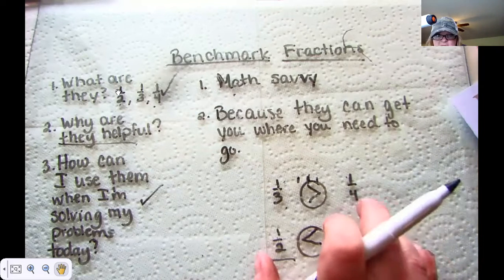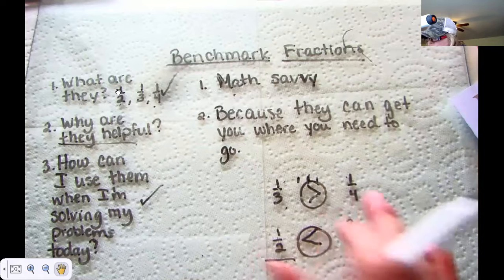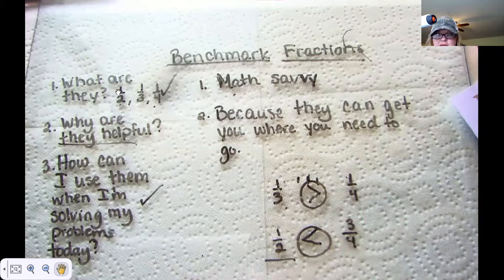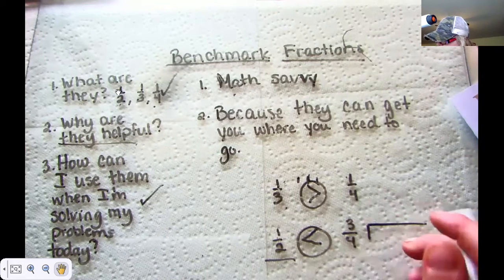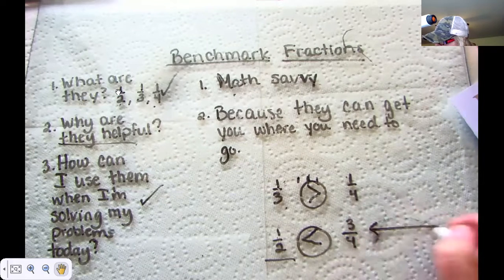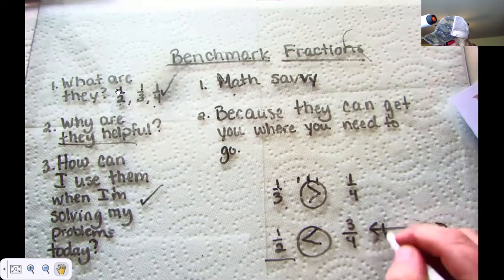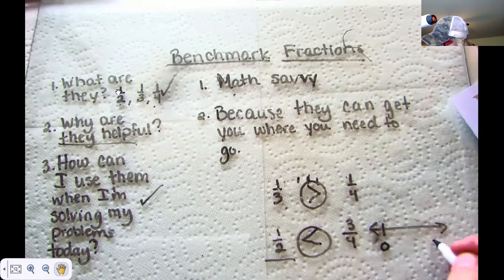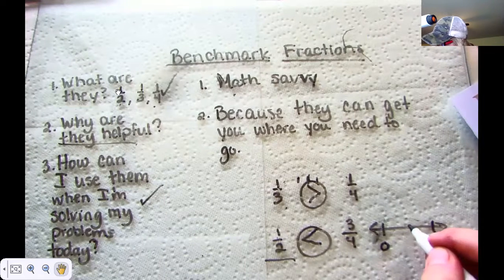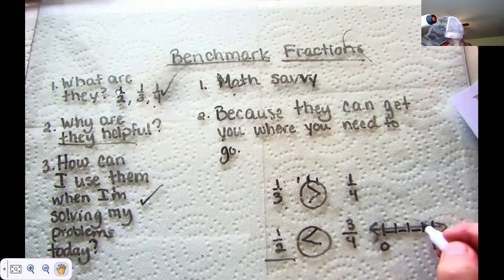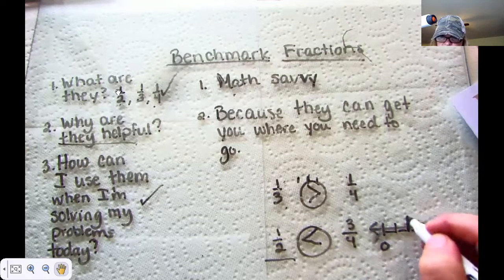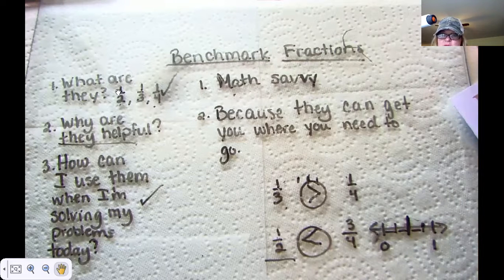But without my visual, without that tape measure, you need to be able to do that because of those benchmark fractions that you have in your mind. Let's do the number line for that. If this is 1 inch, I know where half is, and I know that this is a fourth, but if I have 3 of those fourths, I know that the 3/4 is more than that 1/2 right there, okay?